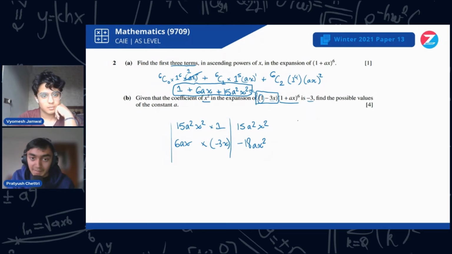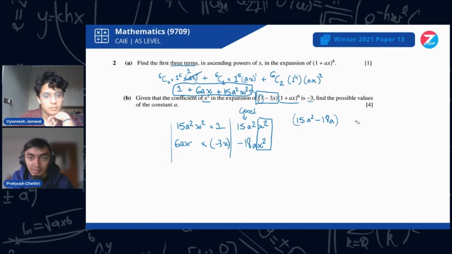So what this tells us is, ignoring the x squared because we're just looking at the coefficient part, just pretend we factorized it and took out the x squared, 15a squared minus 18a equals minus 3.